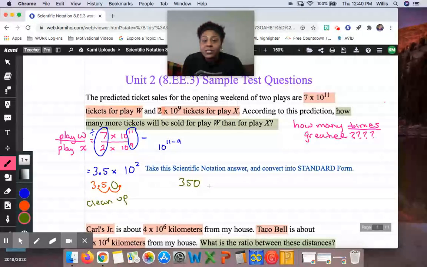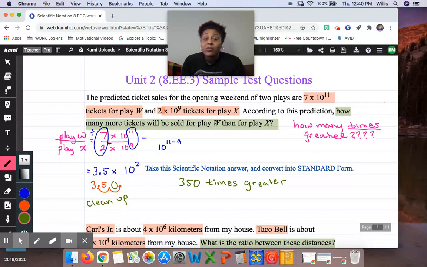That's 350 times greater, because it wants to know how many times greater. So if we were to expand 7 times 10 to the 11 and expand 2 times 10 to the 9, we would get 350. But that's the long way, and we don't have time for that. So this will be our answer for this type of problem.